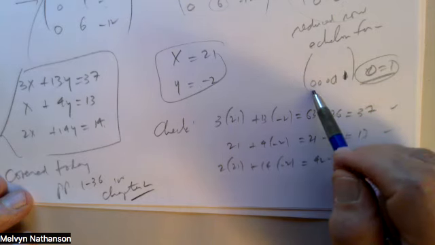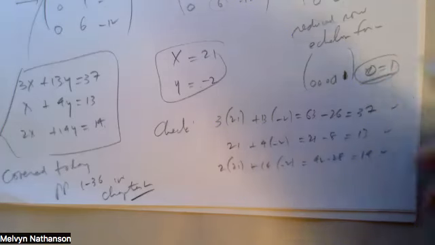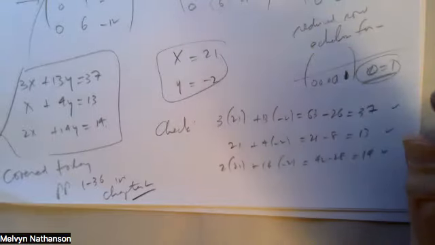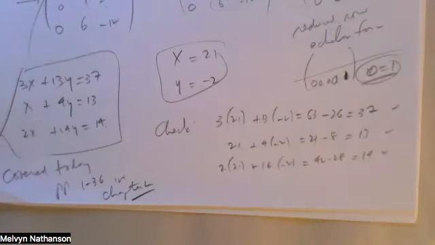If you have an equation with all zeros and a 1 in the last column, that's impossible. 0 doesn't equal 1. So that would mean that the system that you started with is inconsistent. It has no solution. So this reduced row echelon form not only finds all solutions of consistent systems, but it also tells you if the system is inconsistent and has no solution.